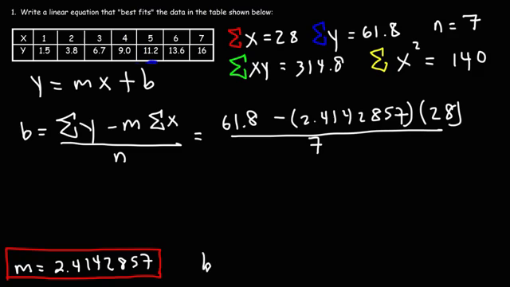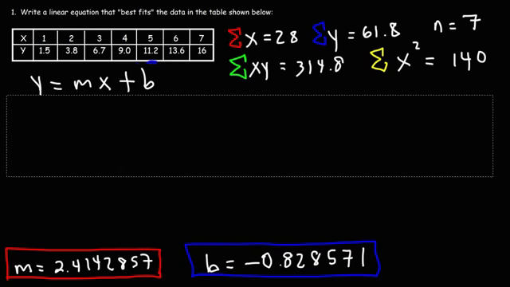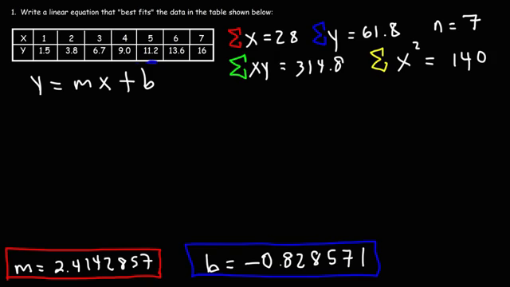This will give you a b value of negative 0.828571. Alright, so now let's get rid of this, and we no longer need this information.